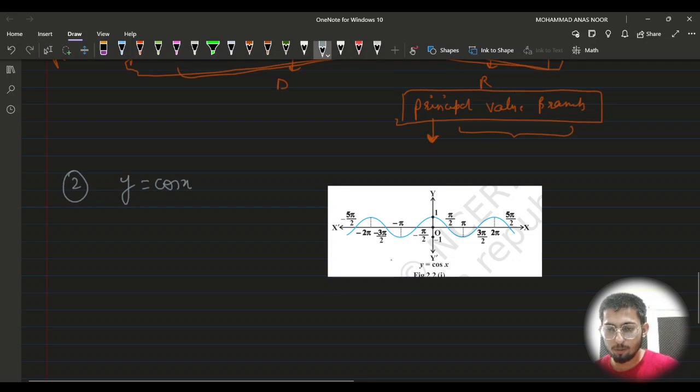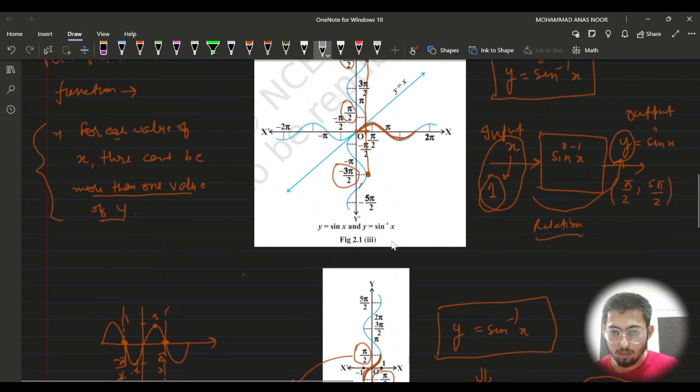This is the graph of y equals cos x, correct? Now the same principle is replicated here. If you don't do anything and just take the inverse of this by taking the mirror image with respect to the line y equals x, then you will get something like this again.